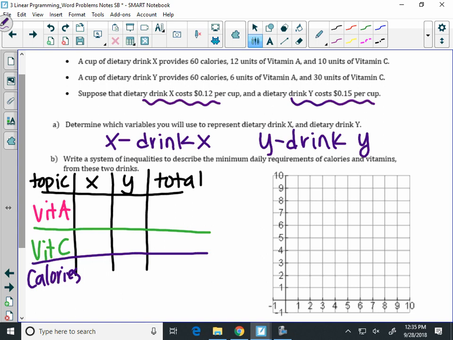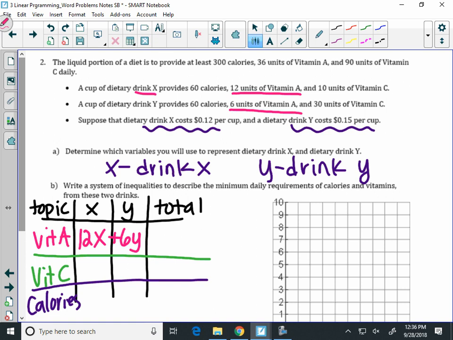So for vitamin A, how much vitamin A does drink X give you? 12 units. So we'll put 12X in that first box. How much vitamin A do you get from drink Y? 6 units. So I'll have plus 6Y. And then, what does it tell us for the total amount of vitamin A we need to take in? 36.